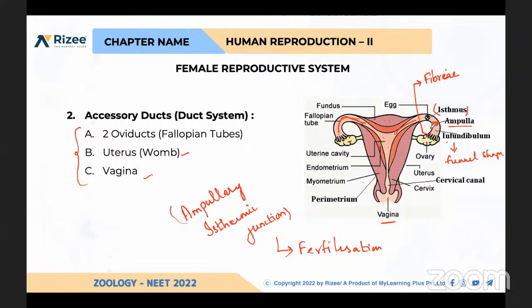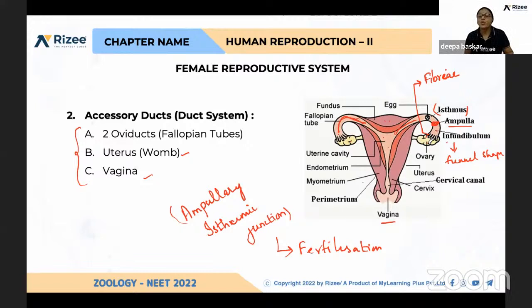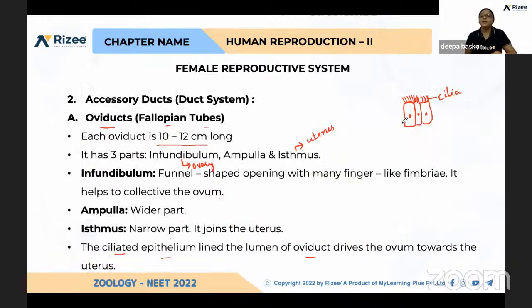Movement of the ovum. See here, this is the ovary, and the egg is released into this part, the infundibulum, and the egg should reach the fertilization zone. That is the movement of the ovum from the infundibulum region to the ampulla. It is done with the help of the cilia present at the upper part of the columnar epithelium.